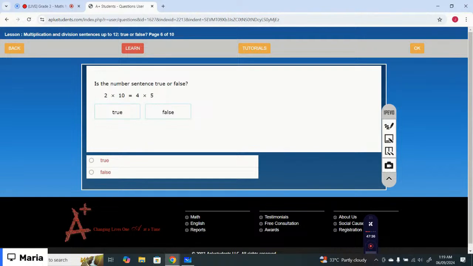Okay. Is the number sentence true or false? 2 times 10 equals 4 times 5. Which is the correct option?